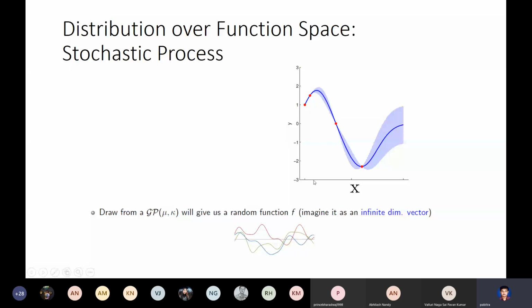There is an index associated with these dimensions. In the earlier case, when I was talking about the bivariate distribution, I was not attaching much importance to whether it is y1 or y2, to the indices. But now it is necessary to have an index associated with this infinite dimensional vector. There has to be an index for each element of this infinite dimensional vector.